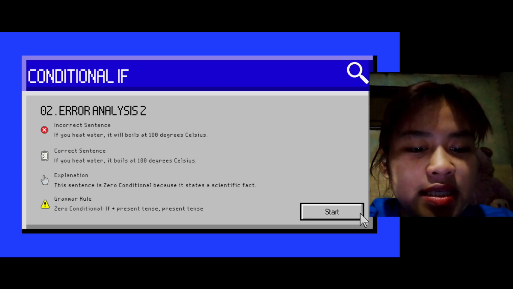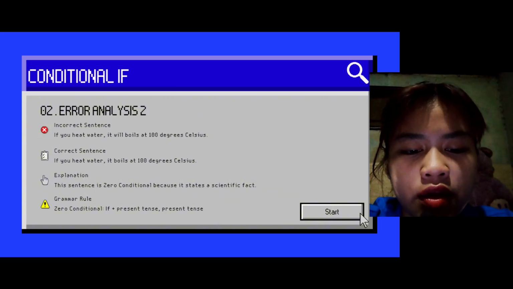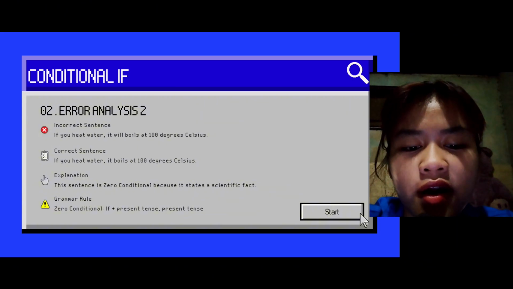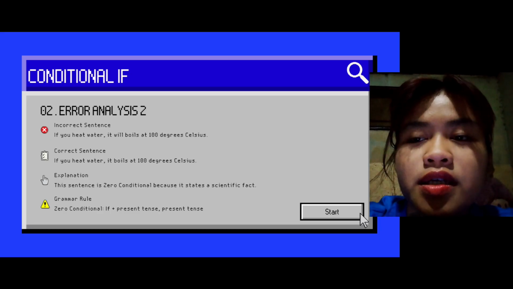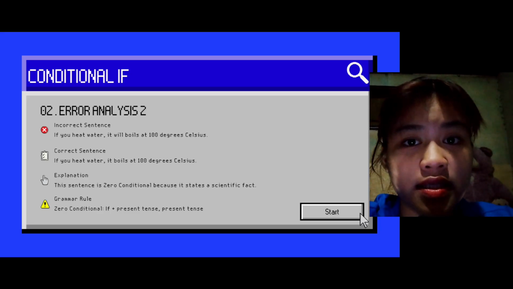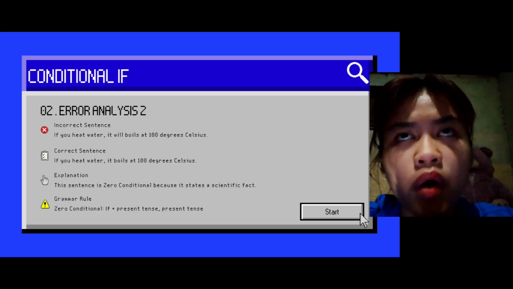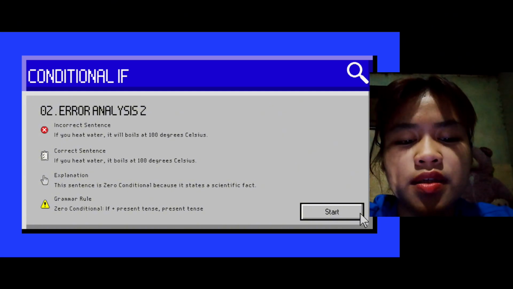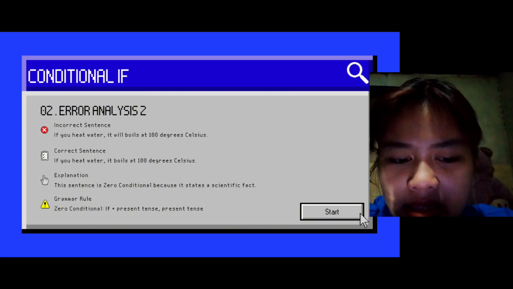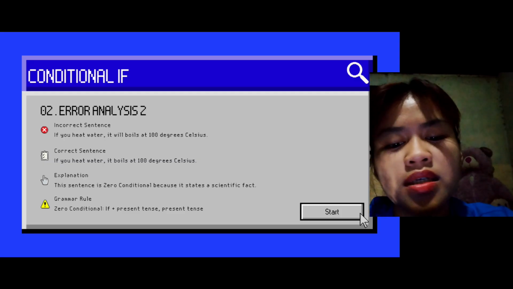Then for the second analysis, the incorrect sentence: if you heat water, it will boils at 100 degrees Celsius. Correct sentence, it says, if you heat water, it boils at 100 degrees Celsius. Explanation: this sentence is zero conditional because it states a scientific truth or fact.